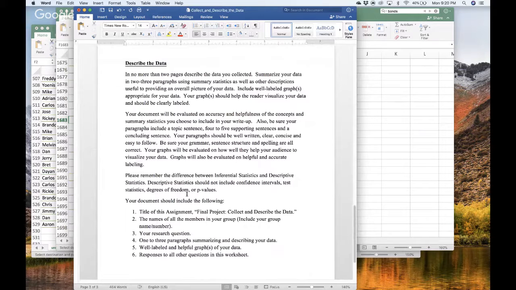It wants 2 to 3 paragraphs, which I don't mind writing, but then they want a well-labeled graph with your data on it, and descriptive statistics. Descriptive statistics should not include confidence intervals, test statistics, degrees of freedom, or p-values. Okay, I misread that. I thought it did want all that stuff.